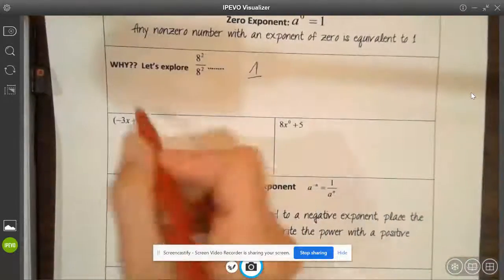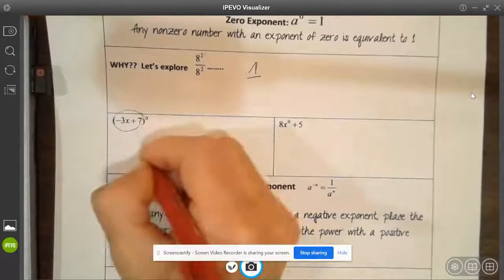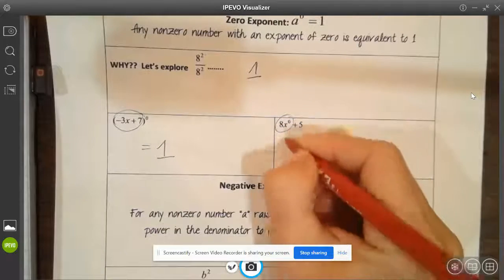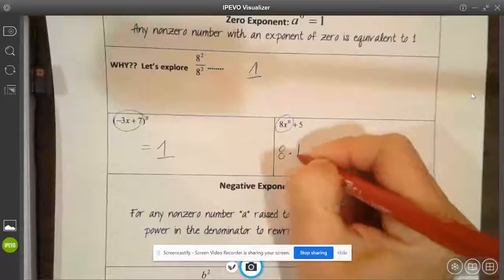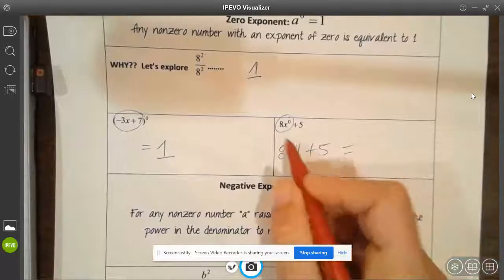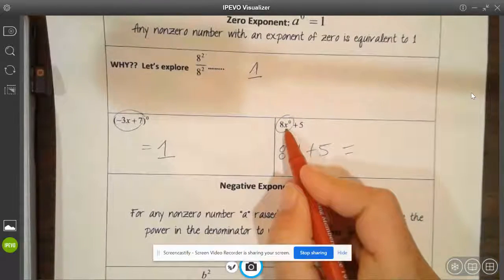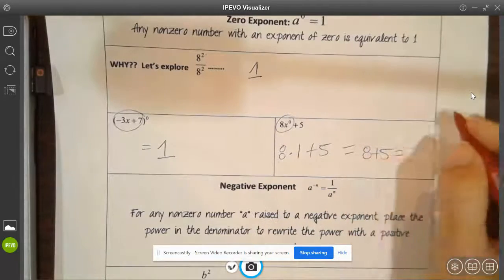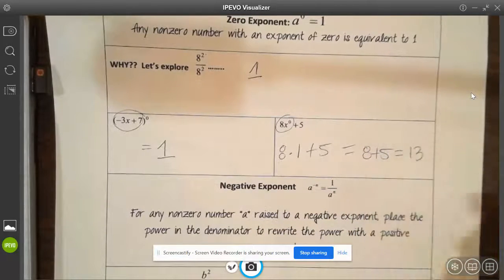So let's do that. Everything in here equals 1. So that's 8 times 1 plus 5, because x is to the 0 power. 8 times 1 is 8, plus 5, that is 13. That's my answer.